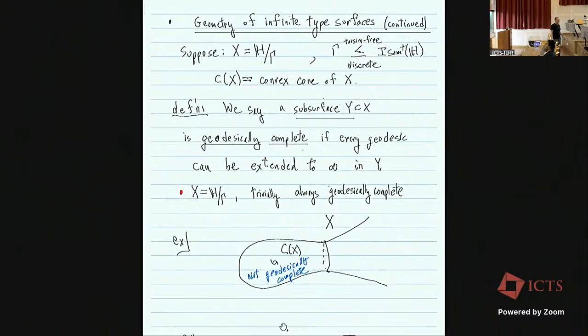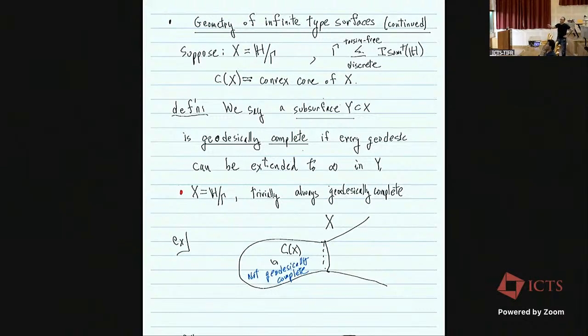If you have a subsurface of X, and really I just have one example in mind, the convex core, you say that it's geodesically complete if every geodesic on it can be extended infinitely far in that subsurface.